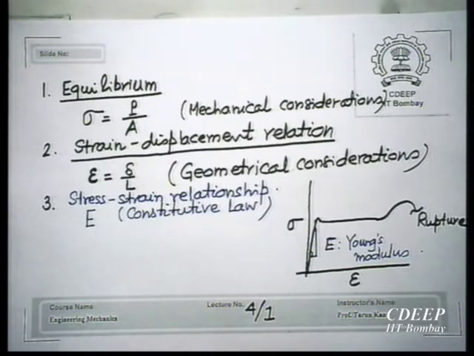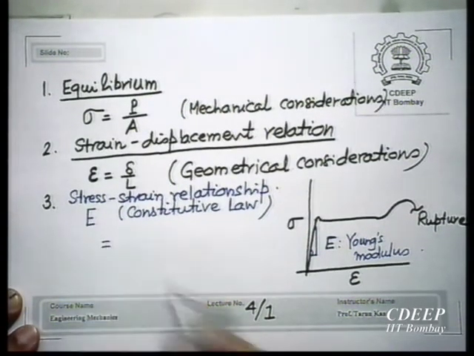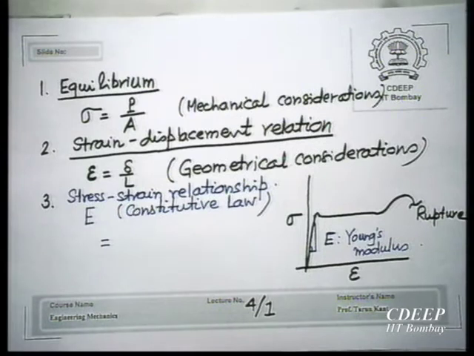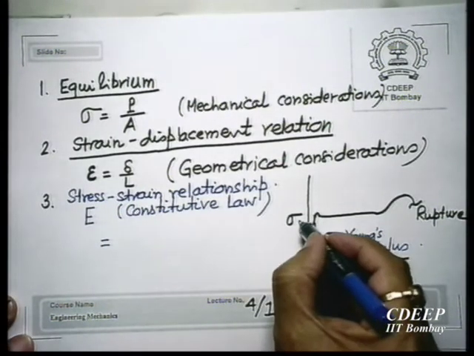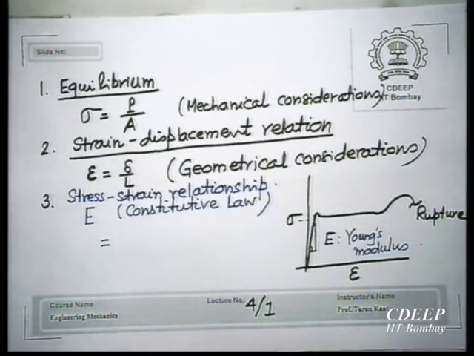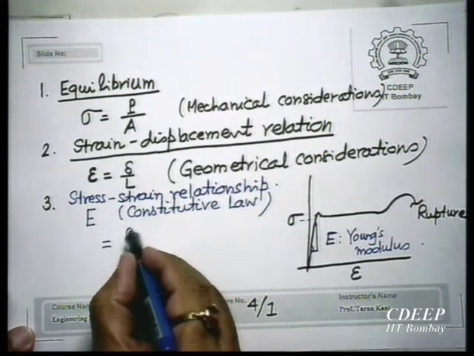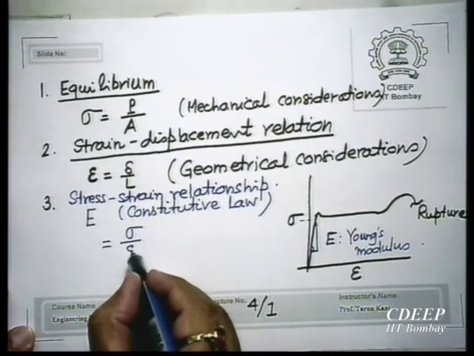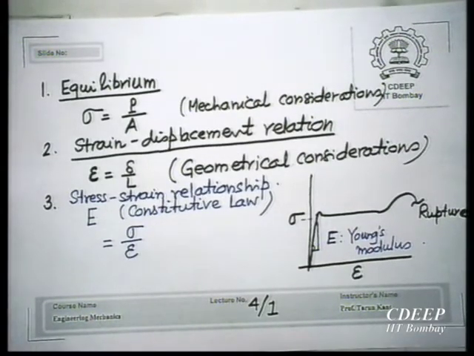What constitutes the material? So we call it the constitutive law for the material, and here we saw that if you are within this linear zone, that means if you restrict your load only up to this point, then the stress is proportional to strain. So, this is given by this.